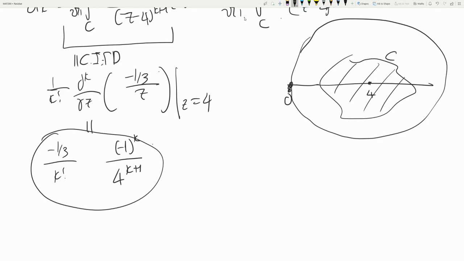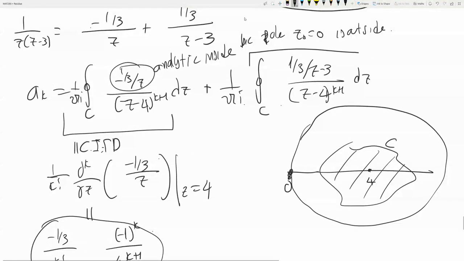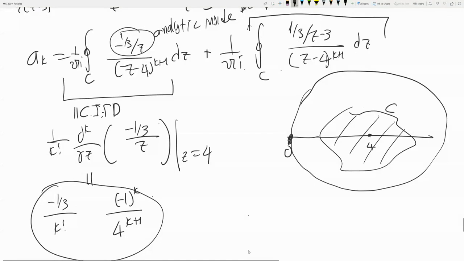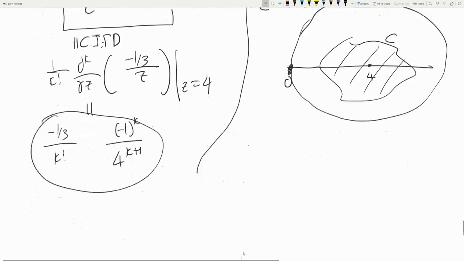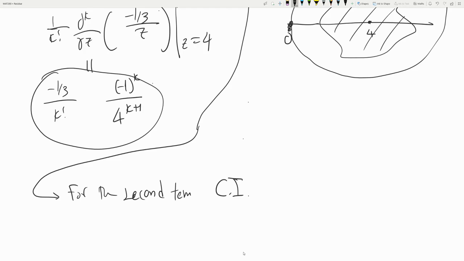Now, unfortunately, the second guy we cannot apply. So let me draw an arrow. For the second term, the Cauchy integral formula does not apply.